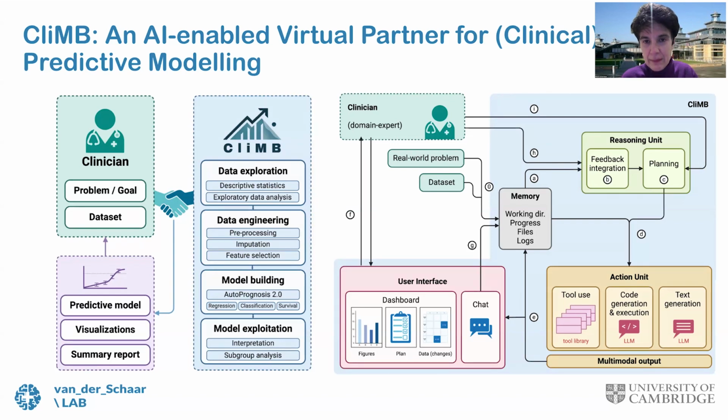To build CLIMB, we have developed quite a lot of machine learning. We built on powerful large language models, where we also had quite a lot of support from Microsoft Research and Microsoft in general.